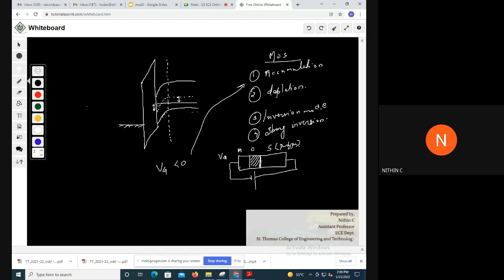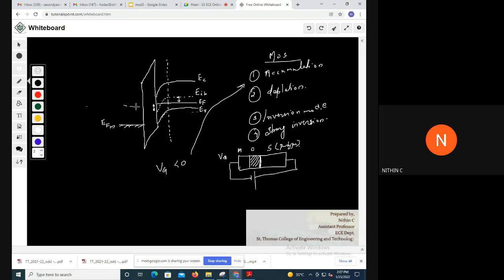If I am denoting this value, you will be having EIB. This will be your EV. This will be your EF. This will be your EC. This will be the Fermi level of metal.